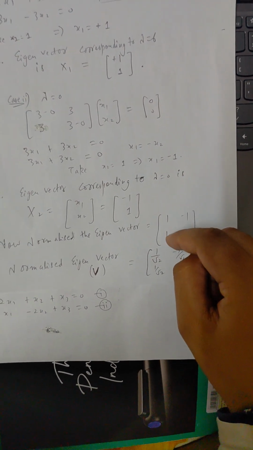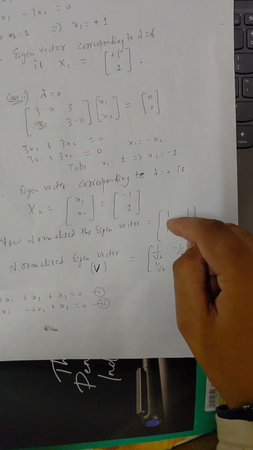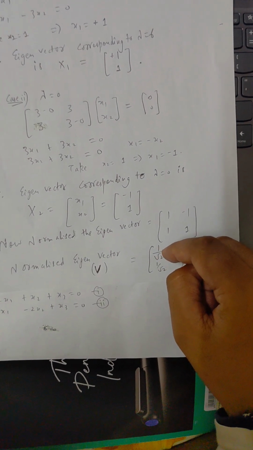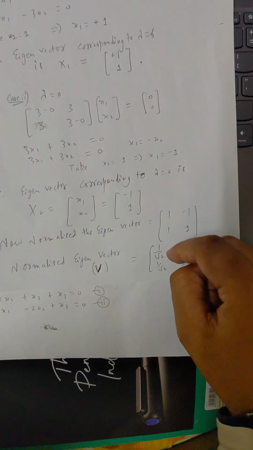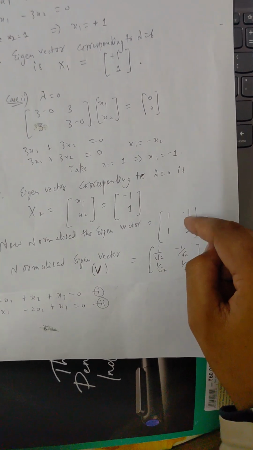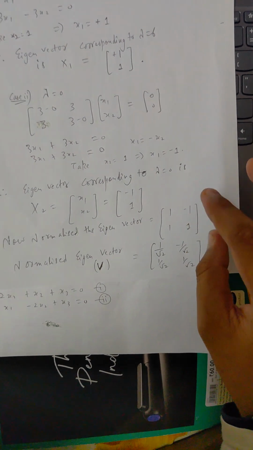Like here I have got 1 and 1, so I will put square root of 1 square plus 1 square, which is square root of 2. Similarly here also, and for this column again it will be square root of 2 only.